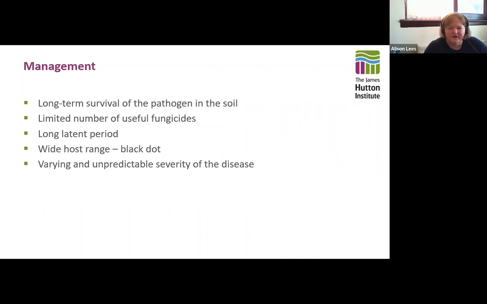I've deliberately not named any fungicides here, as that will vary nationally and should be consulted upon locally, really. Some pathogens have a long latent period and a wide host range, and disease severity is unpredictable and dependent to a large extent on the weather. So for skin blemish diseases, it's important to understand crop risk in order to ascertain whether control is financially worthwhile.